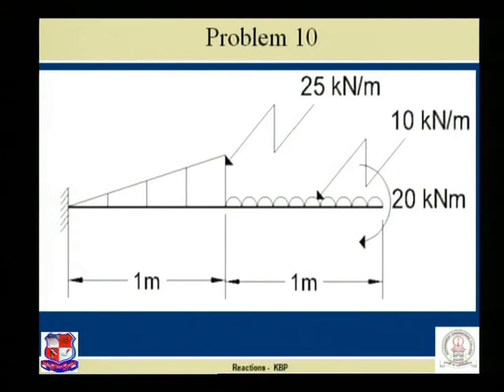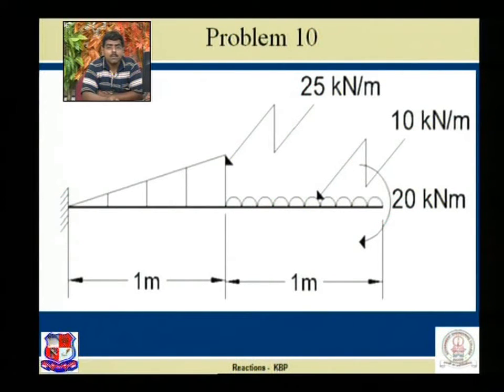After solving so many numericals for a simply supported beam, let us go for the next beam, with a combination of loads. A beam whose one end is fixed and the other end is free is known as a cantilever beam. Students make the majority of mistakes here.